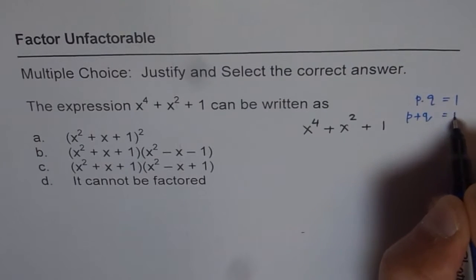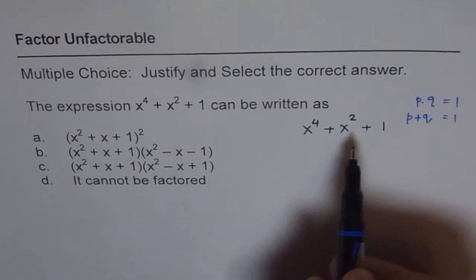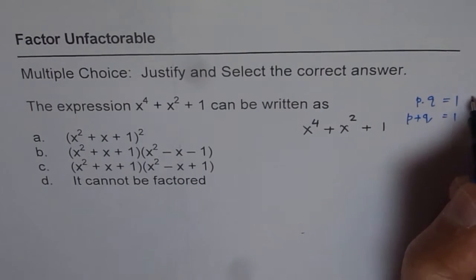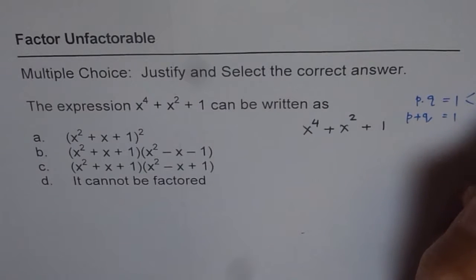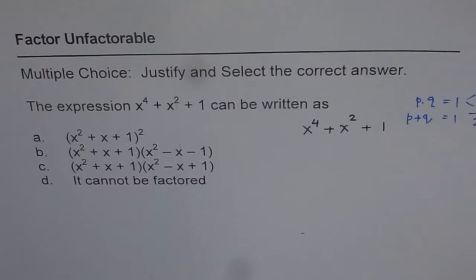Then we say it can be factored. But in this case, 1 could be only multiplied to itself to give us 1. That's the only way. But when we add, what do we get? We get 2, but not 1.